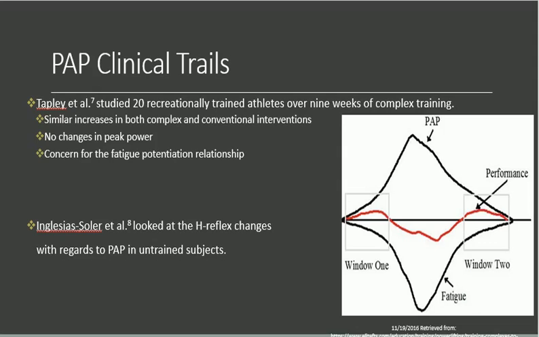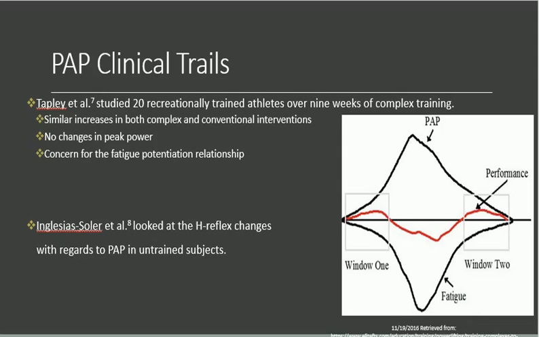Now, Iglesias looked at the H reflex in regards to PAP in untrained subjects. The results showed that in the 10-second MVIC, or maximum voluntary isometric contraction condition, there was a small PAP response. They also looked at the condition of doing an MVIC for 7 seconds and did not see a PAP response.